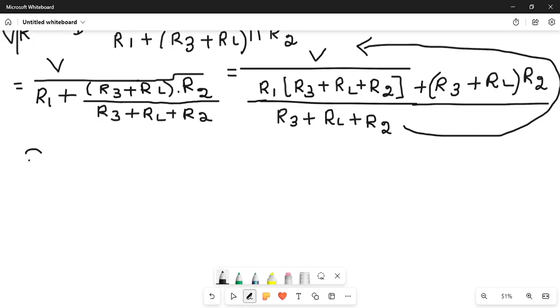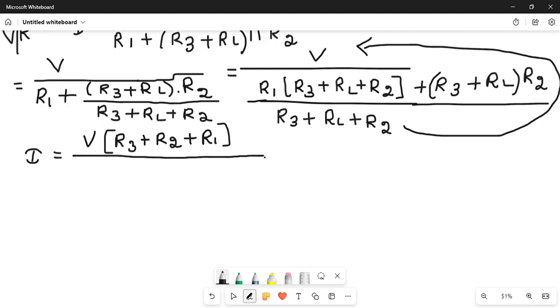So now I is equal to V into R3 plus R2 plus RL, whole divided by R1 R3 plus R1 RL plus R1 R2. I guess you're understanding this.